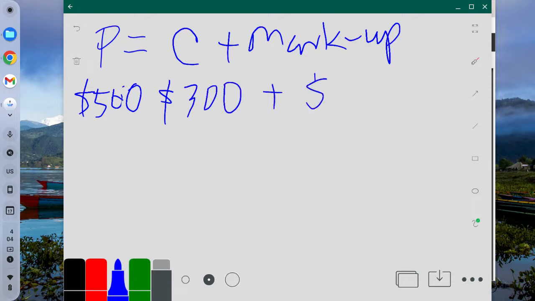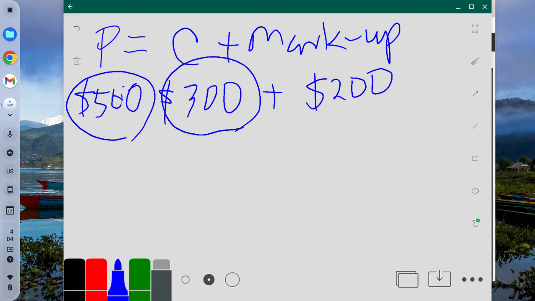Markup is, of course, then 200. Now, instead of using cost as the base, let's use price as the base.